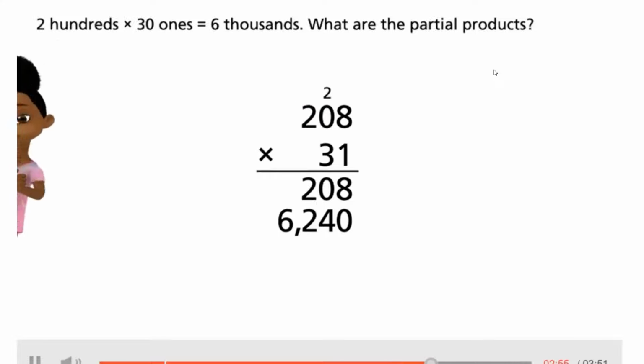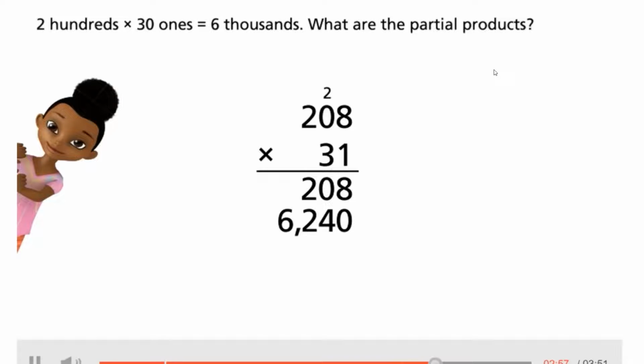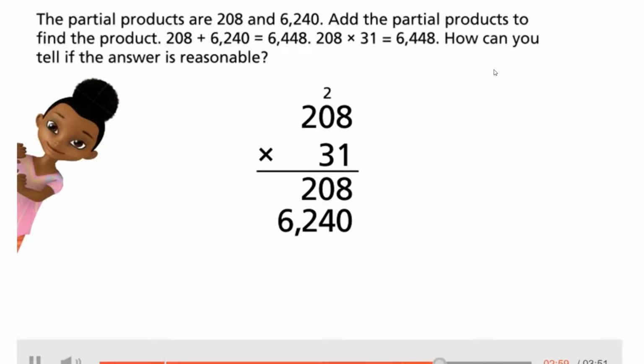What are the partial products? The partial products are 208 and 6,240. Add the partial products to find the product. 208 plus 6,240 equals 6,448. 208 times 31 equals 6,448.